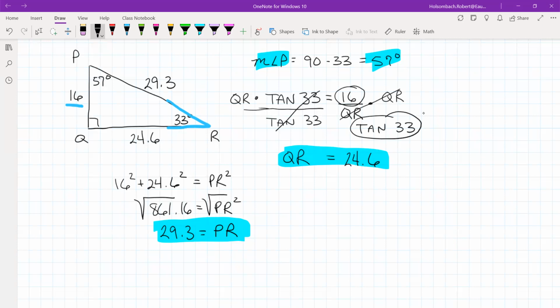All right, watch, guys. Yeah, look, when you don't hit equals, the number that's sitting on your screen is tan 33. That's the value that you're dividing into the 16. So make sure you hit the equal sign, okay? If you use the square root button, it works the same way. If you don't hit the equals button, it leaves the square root of whatever you just tried to find on your screen. Better? All right. Any other questions about solving a triangle using these ratios?